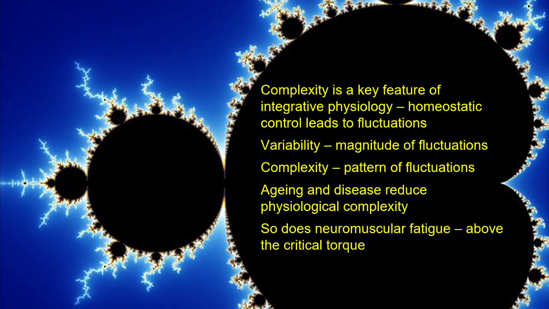Those movement errors could involve falling over, dropping objects, or not being able to complete a skilled task, or in the case of simple isometric contractions, reaching task failure and not being able to produce the same torque time and time again. So hopefully that's given you a little bit of an insight into what complexity is and what I've spent the last few years using it for.